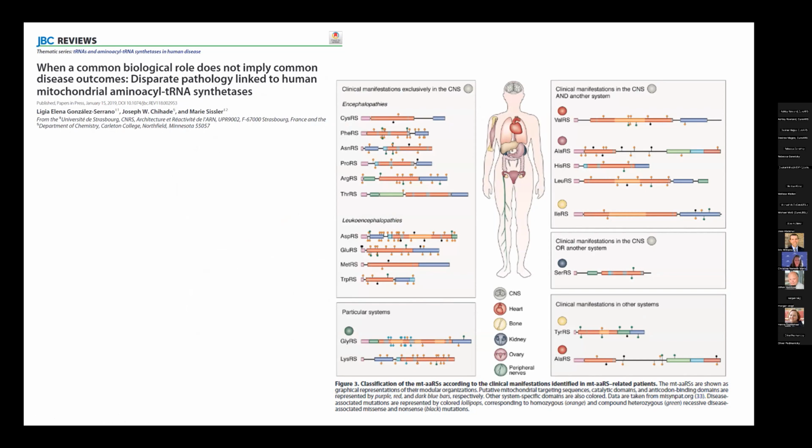And so having that direct delivery system or targeted approach might be a little bit more complex. So I think the title of this article, when a common biological role does not imply common disease outcome, is very apt for this set of diseases. And it's always something that needs to be taken into consideration when discussing treatment strategies.